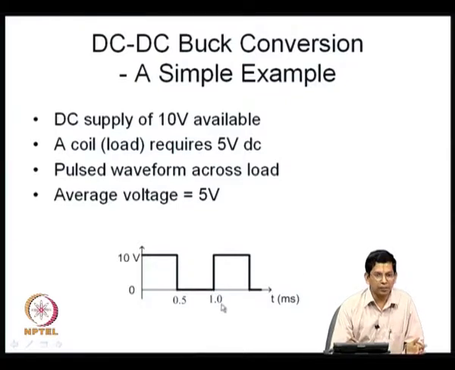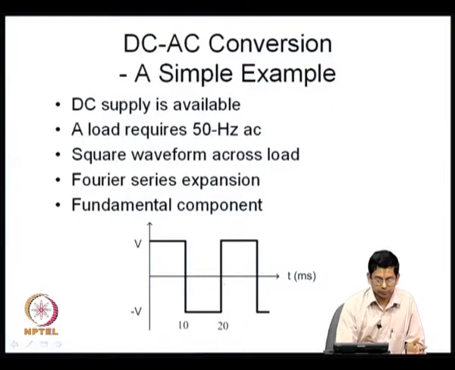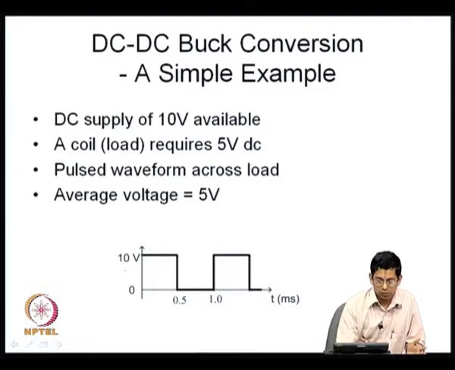So, now what does it give you? It actually gives you an average voltage of 5 volts here. So, let me just highlight this to show that. This is the average value and this average value is equal to 5 volts.